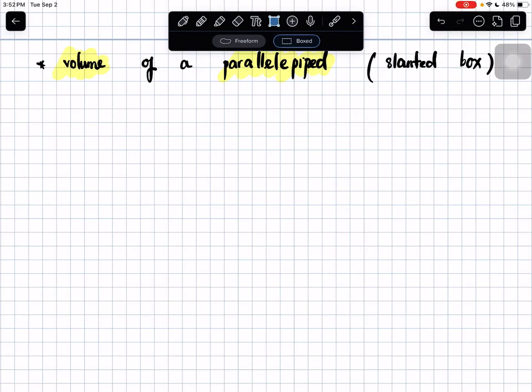Here we have an application of cross products to compute the volume of a parallelepiped. So let me draw that. Say we have this figure.